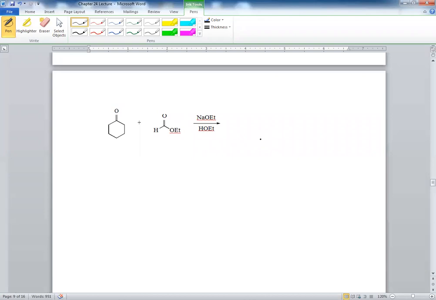Now, here's another example. I would like you to pause the video, but let me tell you what to think about before you play the video and test yourself. Number one, which of these two compounds can form an enolate? Then draw your reaction where the enolate attacks the carbonyl. Next, ask yourself, are there leaving groups?